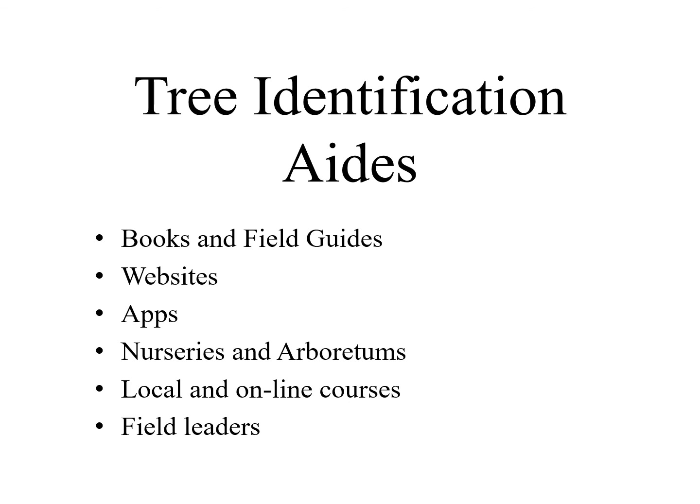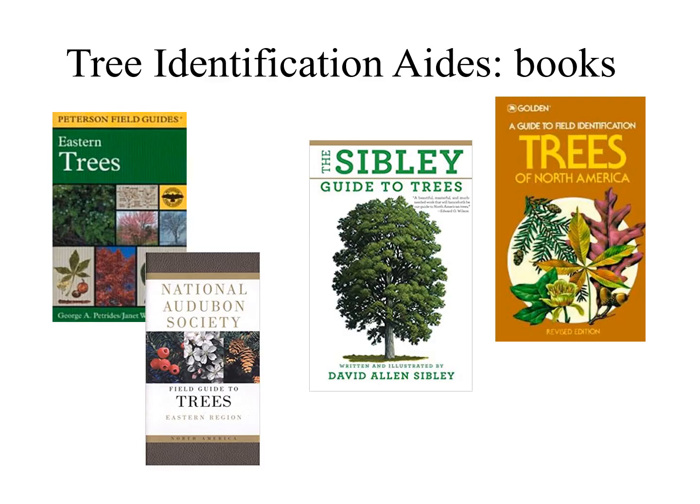Sometimes you can find local and online courses that can help you expand your tree identification skills, and sometimes the best way to go is to go with a field leader that is very skilled in tree identification. Here are some of the tree identification aids, the books that are commonly used. Of course, Peterson Guide, National Audubon, and Sibley are very common field guides that are used.